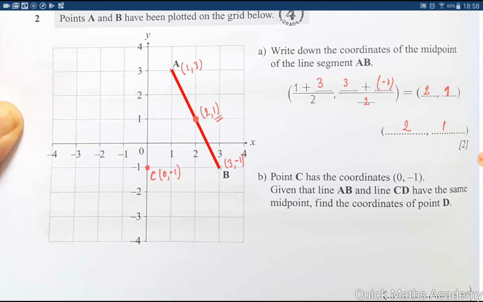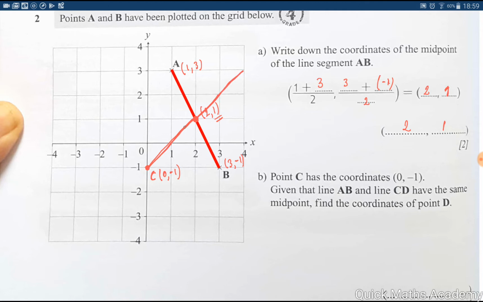So this new line segment is CD, and the midpoint they are saying is the same. So for my line segment CD, it will be this, the first half of my segment. It's pretty obvious that if I continue this segment to the other side, I will have the other side of this segment.